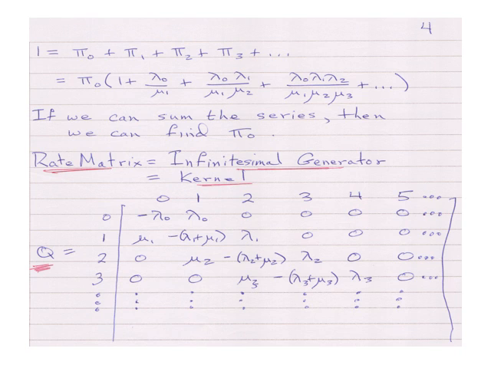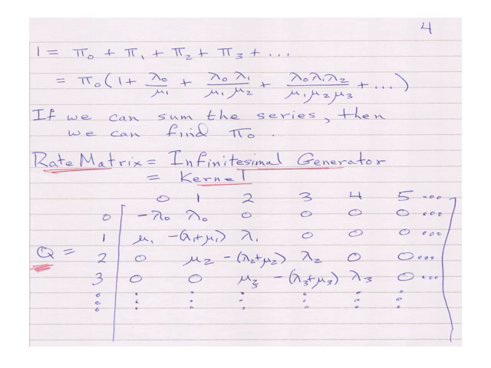except on the diagonal. The diagonal is set up in order to make the rows, every row has to sum to 0. So in the first row, the only non-zero element we had was lambda sub 0, and if we want the whole row to add up to 0, then on the diagonal we need a minus lambda sub 0.